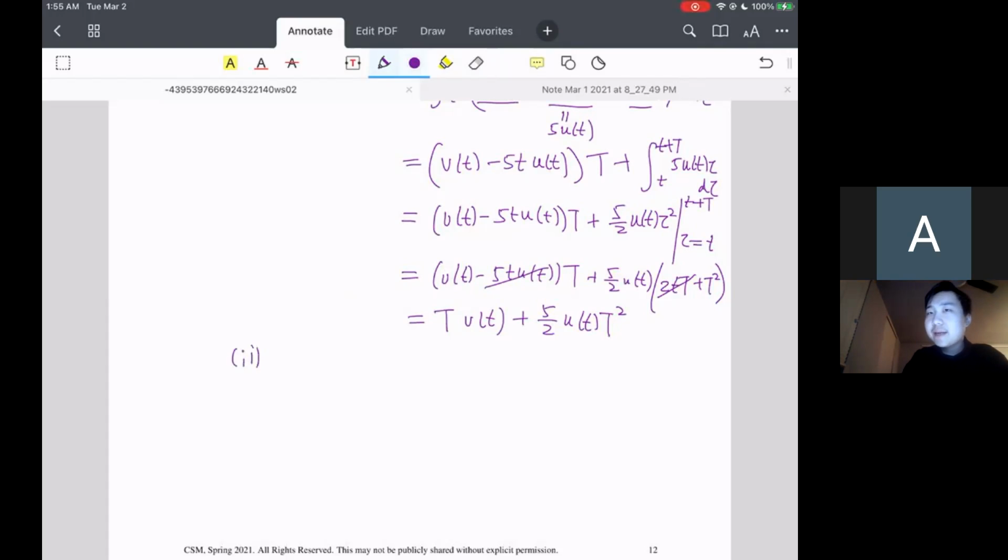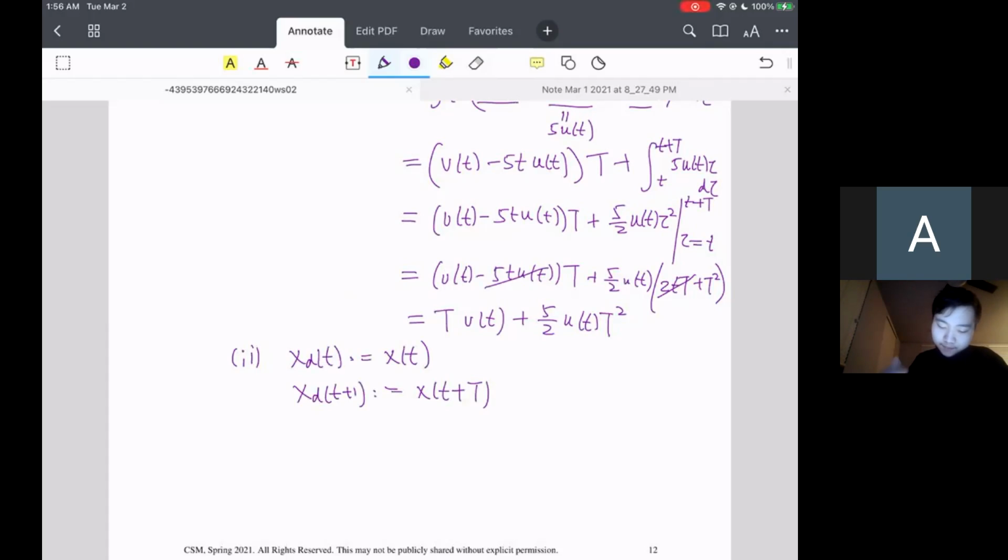We want to find alpha, beta, and ud of t in the following relation. Similarly, there's a difference between the continuous t as opposed to the discrete t, but we have to work with it. Again, we set xd of t to be x of t, and we set xd of t plus 1 to be x of t plus T. So we are setting the unit time step in discrete time to be T, the uppercase T, as in the continuous time.